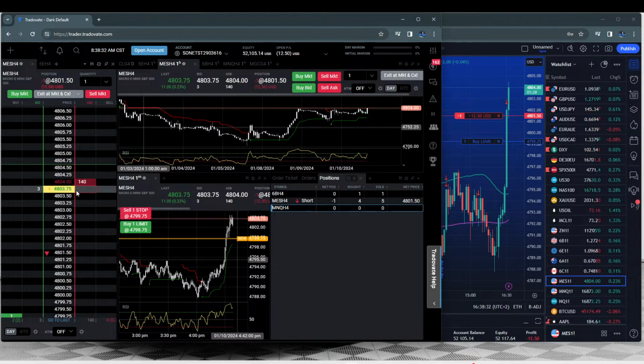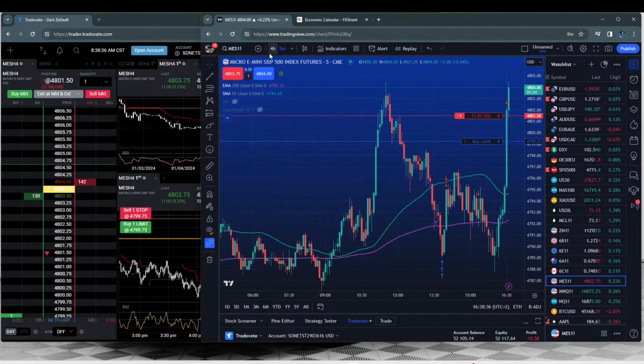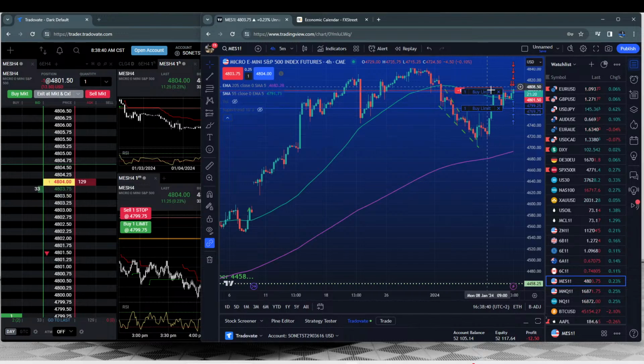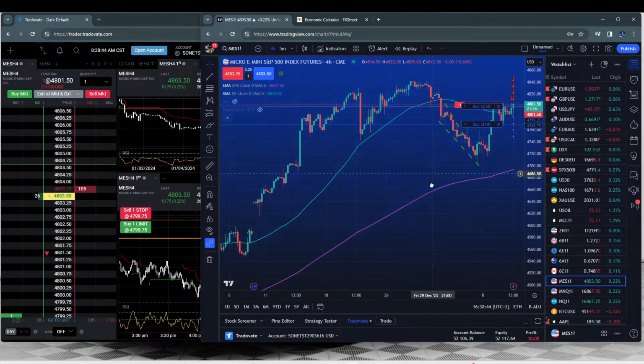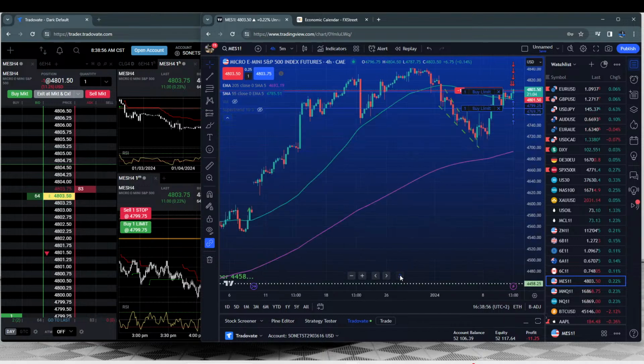Now trying to push again higher. If we break above the high, the next area of resistance is almost 20 points higher. Let's see.